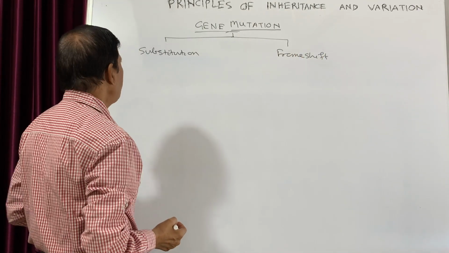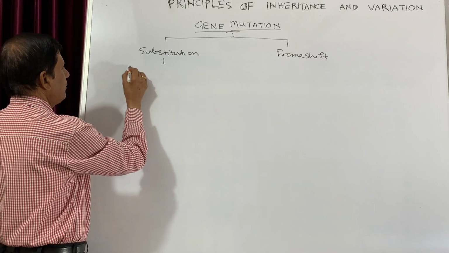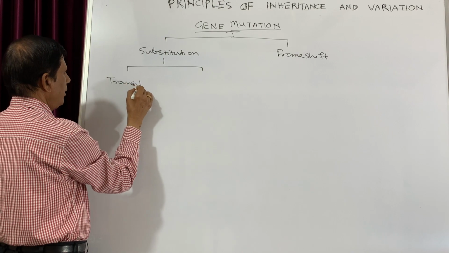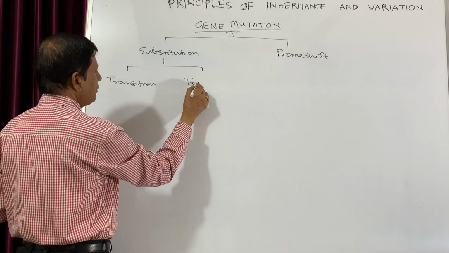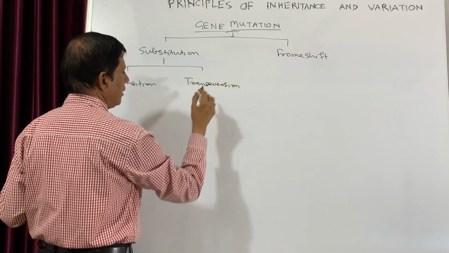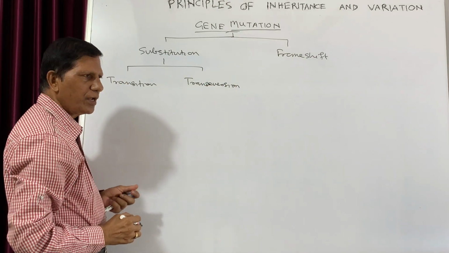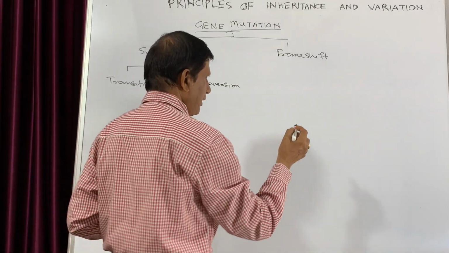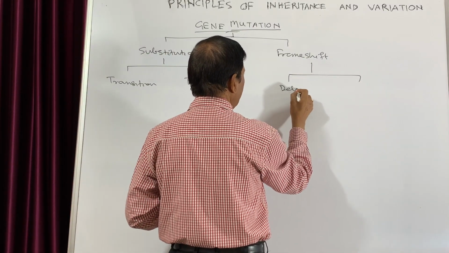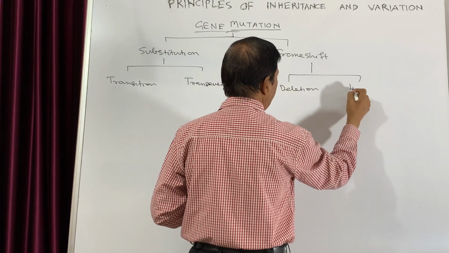Now the substitution mutation, again it is of two types. It may be transition or it may be transversion. And this frameshift mutation can be deletion and insertion.